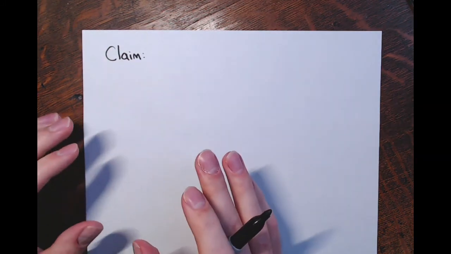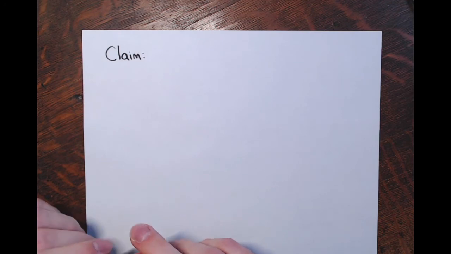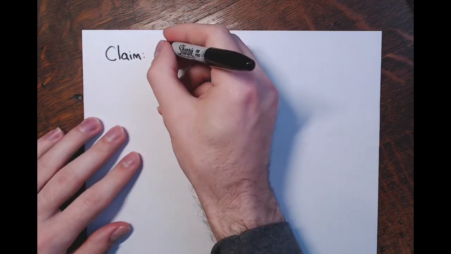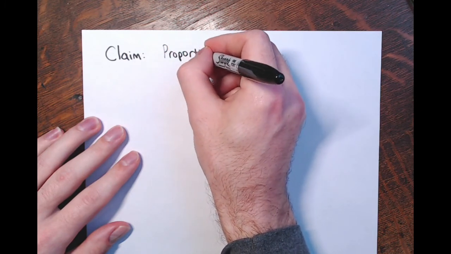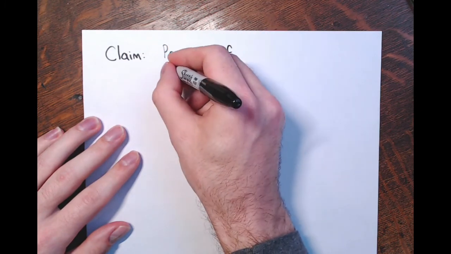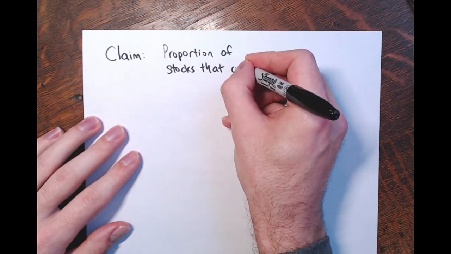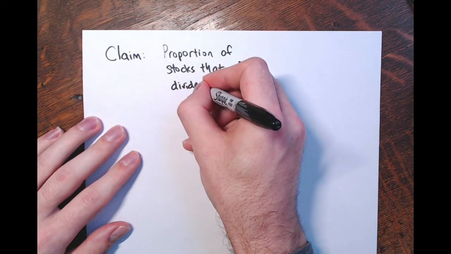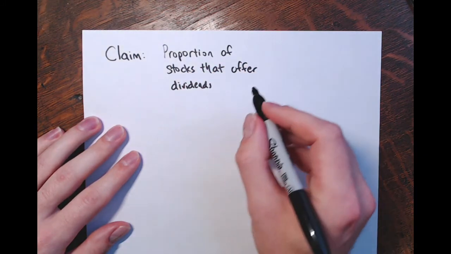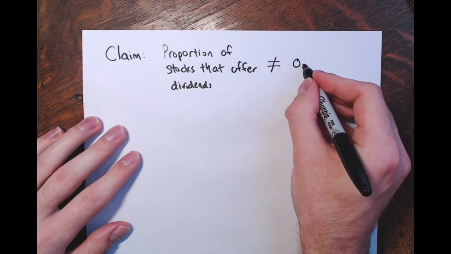If I read it again, this trader claims that the proportion of stocks that offer dividends is different, meaning is not equal to 0.14.